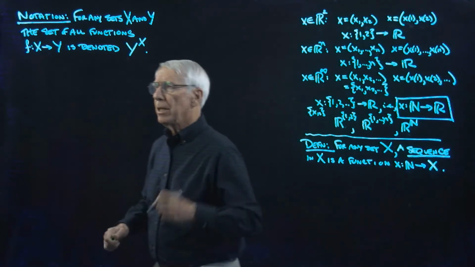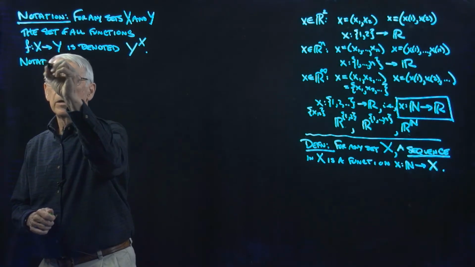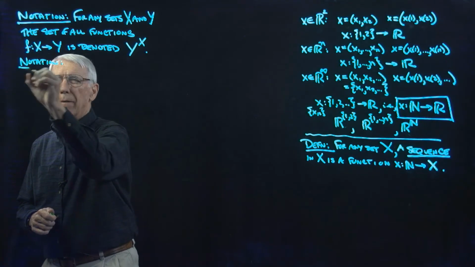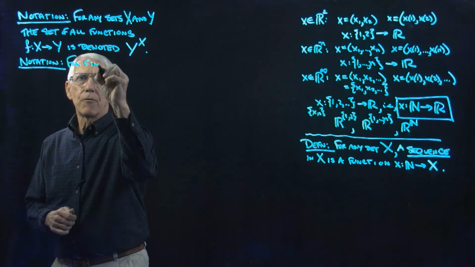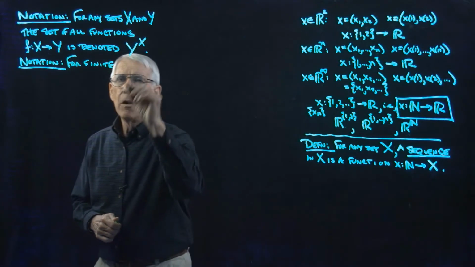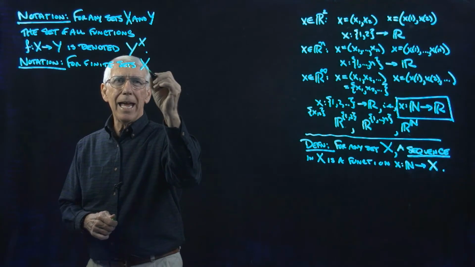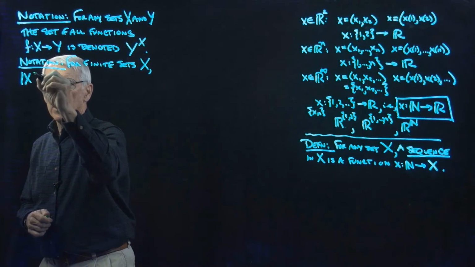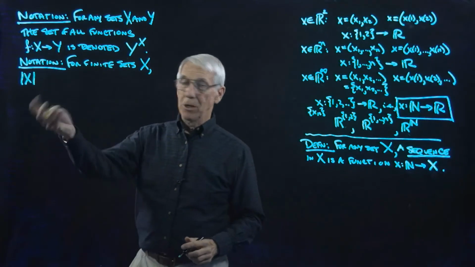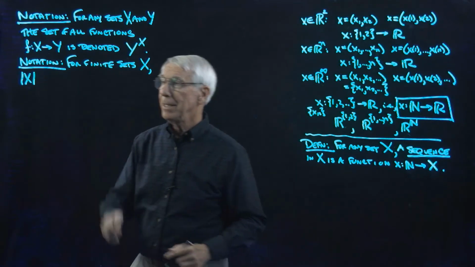Okay, and a second piece of notation here. That is for sets that are finite. For finite sets X, we use something that looks like the absolute value, but it's not the absolute value because it's not a number, that's a set.